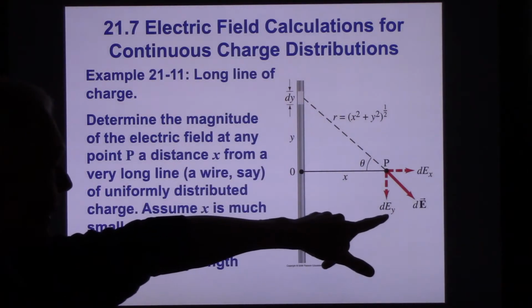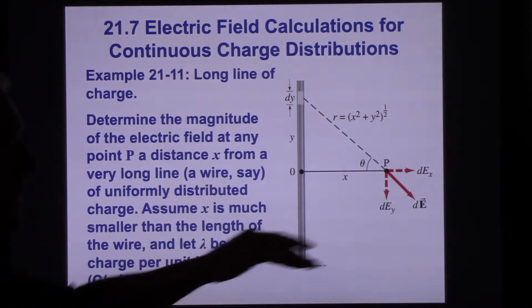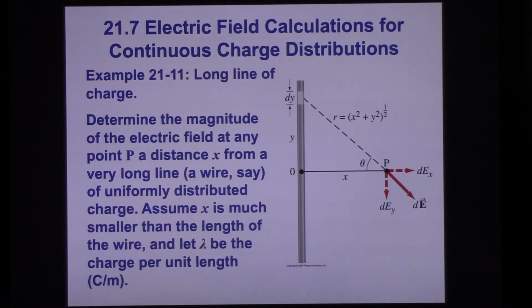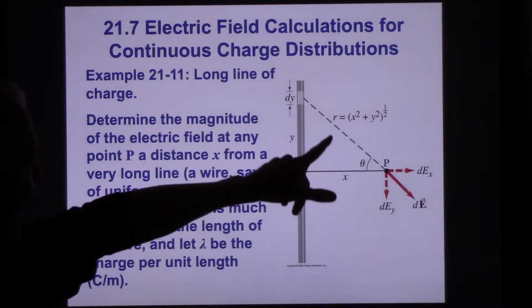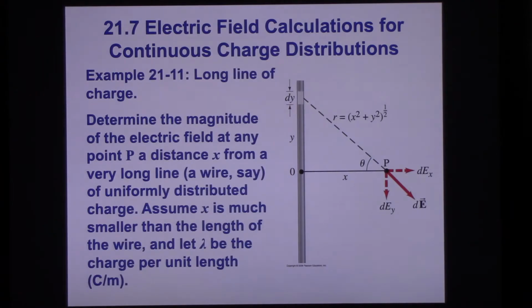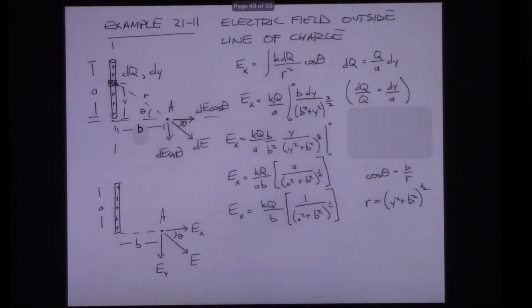And that means the Ey's will cancel, but the dEx's will keep reinforcing each other. Okay, so those are things to keep in mind. We'll come back to this picture. The picture is handy because it's so well drawn. That distance is x. This is what we're calling r, which is the square root of x squared plus y squared. Let's see how I've tried to solve for this.